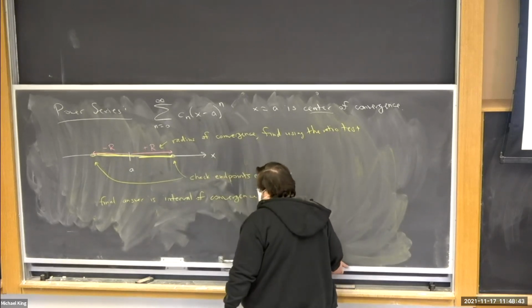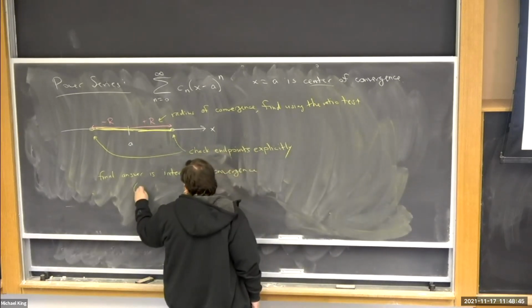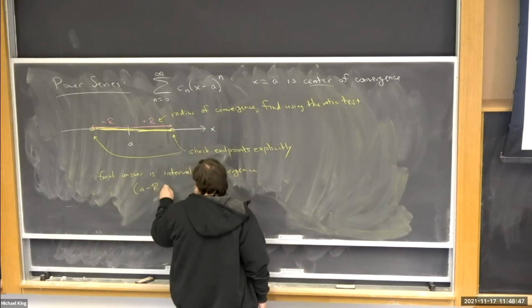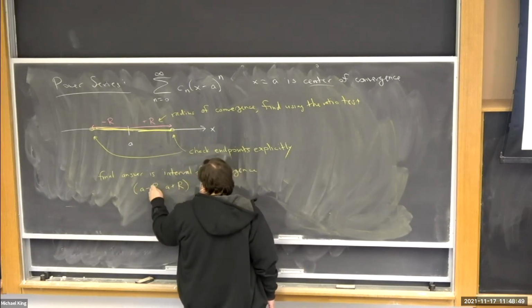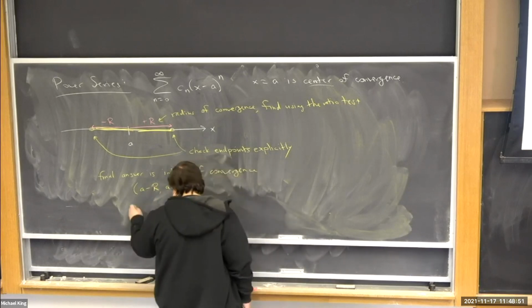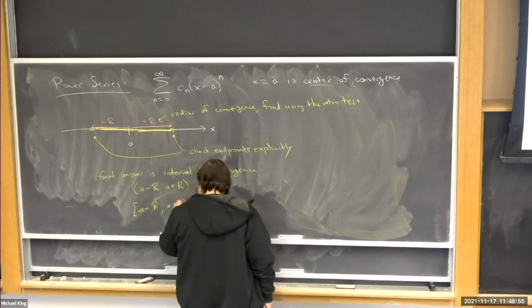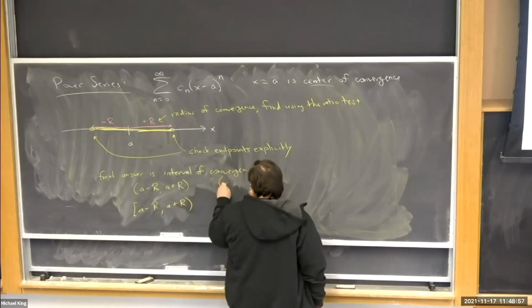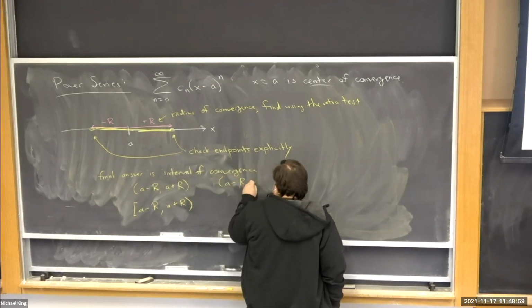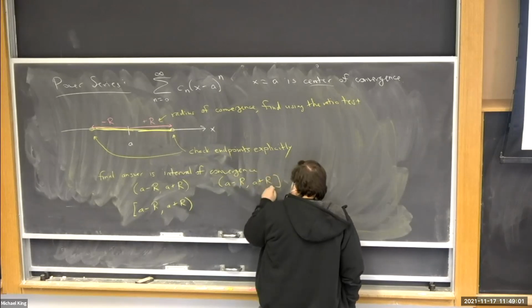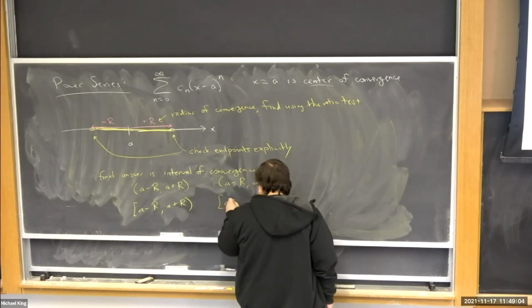So it's always of the form a minus r to a plus r, with one or both endpoints included, right? It could be like that, it could be like this, it could be with the right endpoint included, or it could be with both endpoints included.